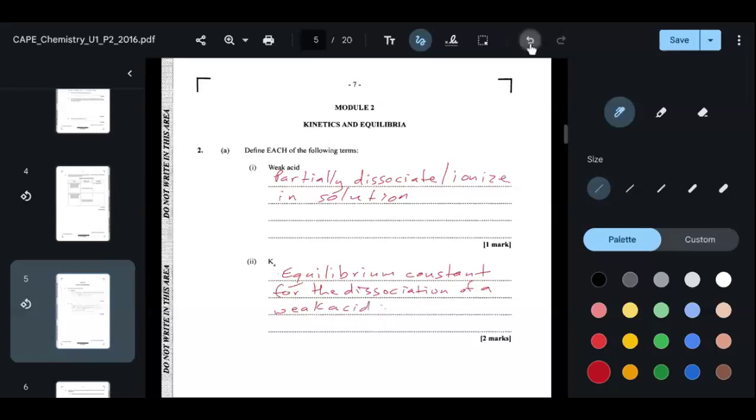I can put the expression as well. So Ka is equal to what?